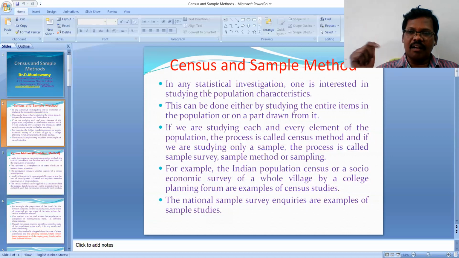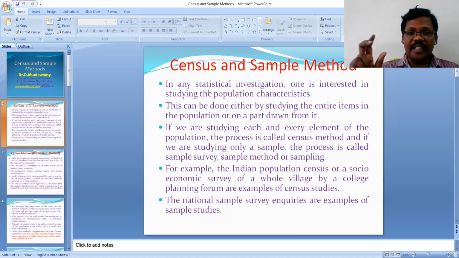Or sometimes when there is a large amount of data and it is not possible to take information from all the stakeholders or respondents, we take information from a part of the people, the selected people, which is known as a sample. If we are studying each and every element of the population, the process is called census. If we take the information from all the respondents, that is known as the census method.